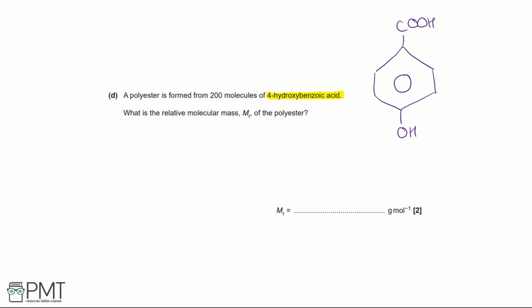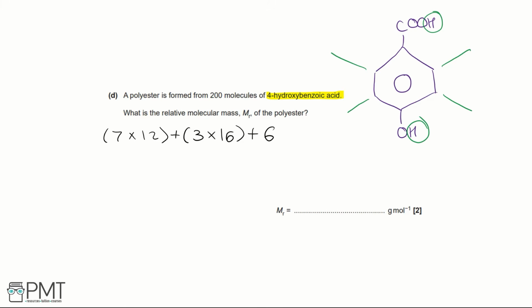There are 7 carbons present, so we would do 7 times 12. Then we need to add the number of oxygens. There are 3 oxygens, so we would do 3 times 16. Then we need to add the number of hydrogens. There are 1, 2, 3, 4, 5, 6 hydrogens present in 4-hydroxybenzoic acid, so we would need to add 6.